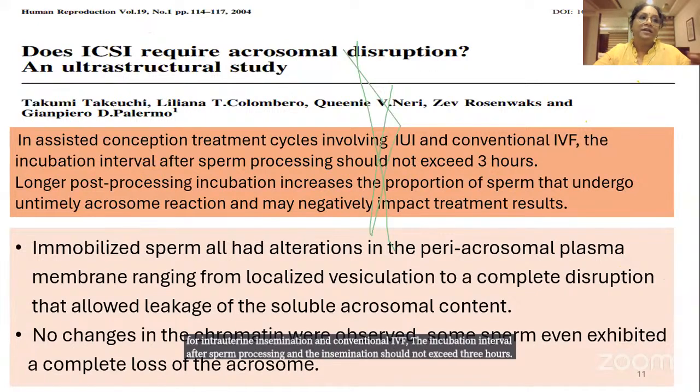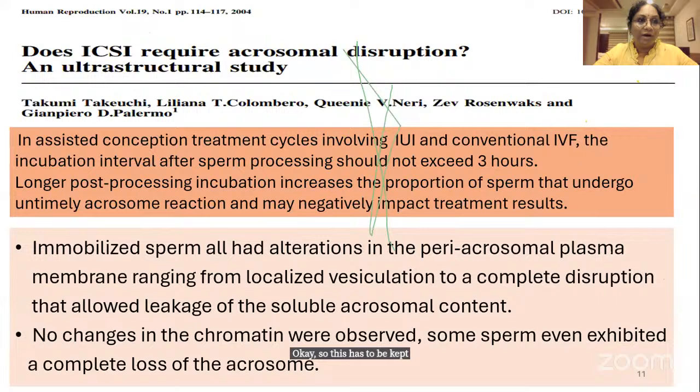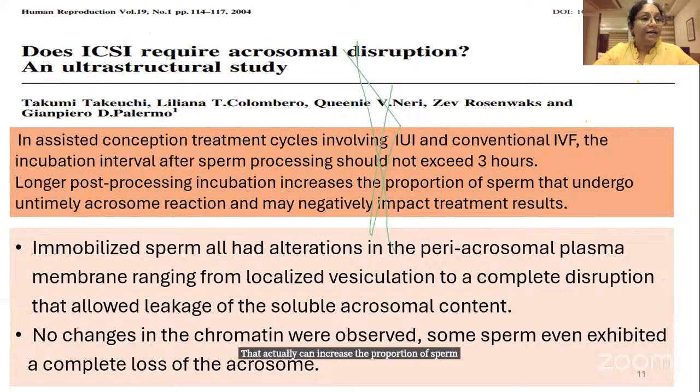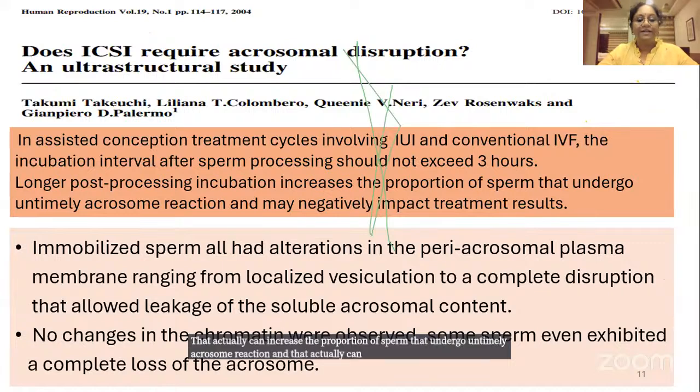This has to be kept in mind, because a very long post-processing incubation can increase the proportion of sperm that undergo untimely acrosome reaction, and that can impact your fertilization outcome.